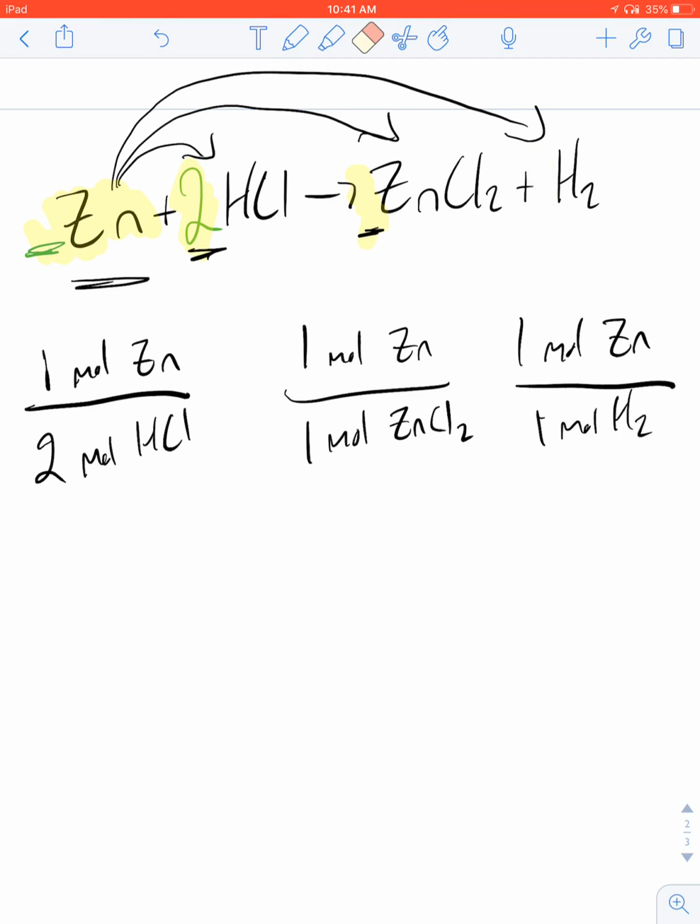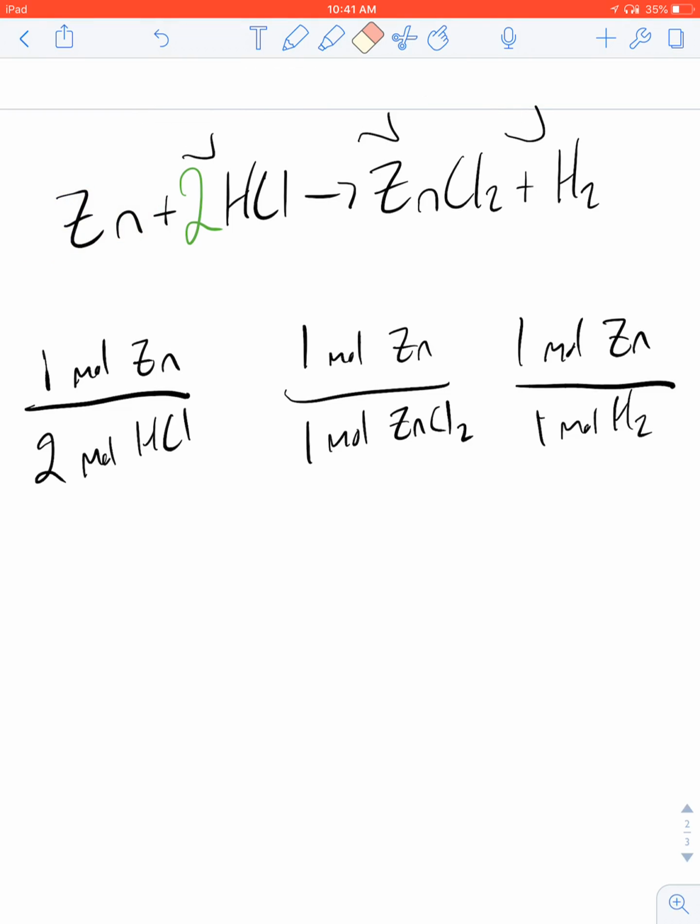Wonderful. So let's go ahead and erase some of this, clear it off nicely. So now we finish with all the mole relationships with zinc. We move on to the next component to the right, HCl, and we make relationships with everything else to the right.